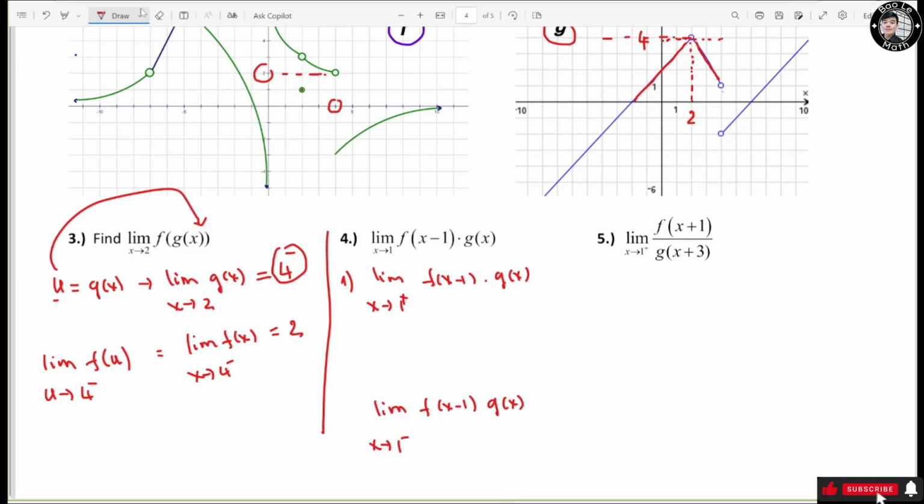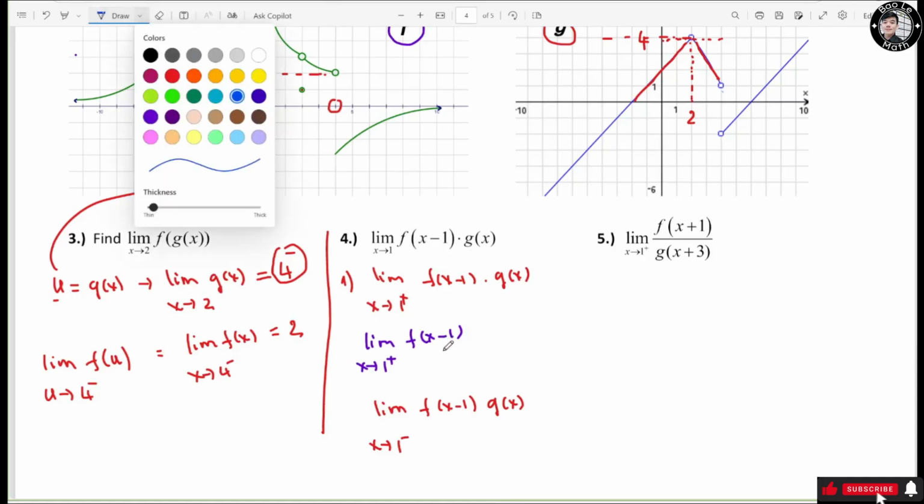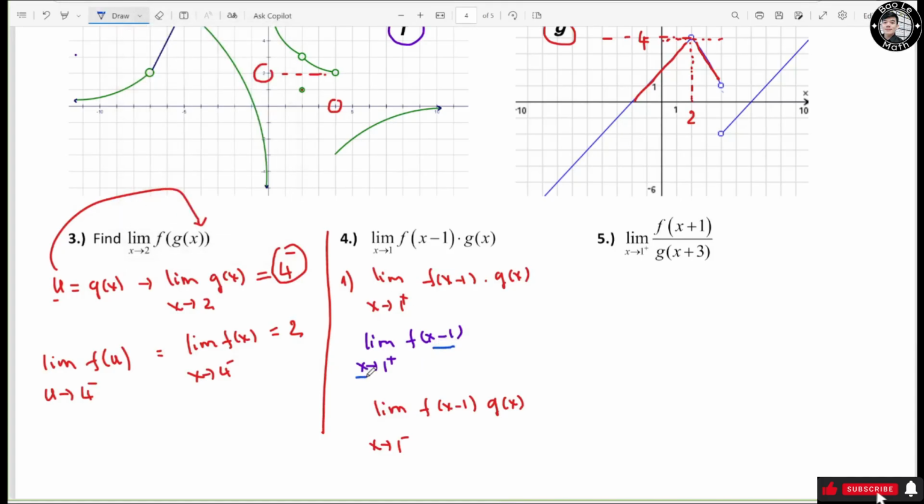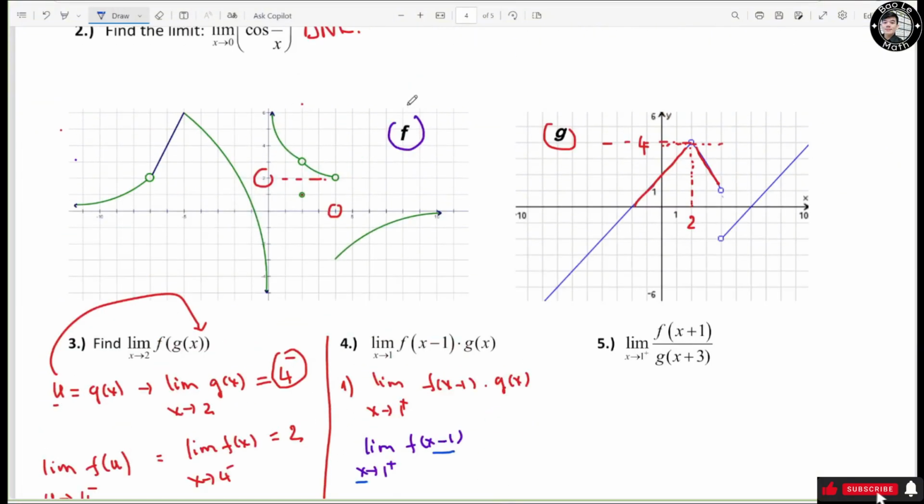I just separate these two guys, right? So I have limit of f of s minus 1 when s approaches 1 plus, right? Now, since the input right here and right here are different, I need to make them the same in order to use the function f right here, right?